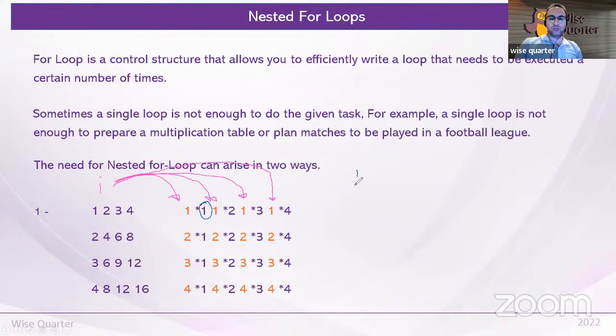First one is G. Let's use G, and the second one will be G plus 1, plus 2, and this one plus 3. I hope you can see the logic.